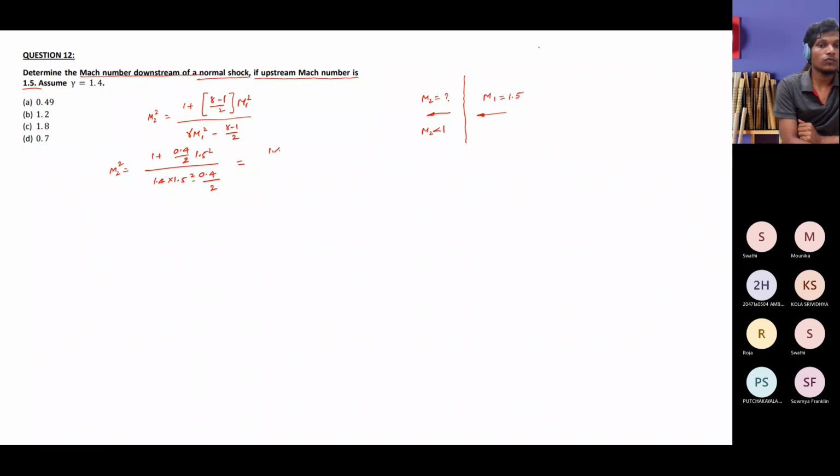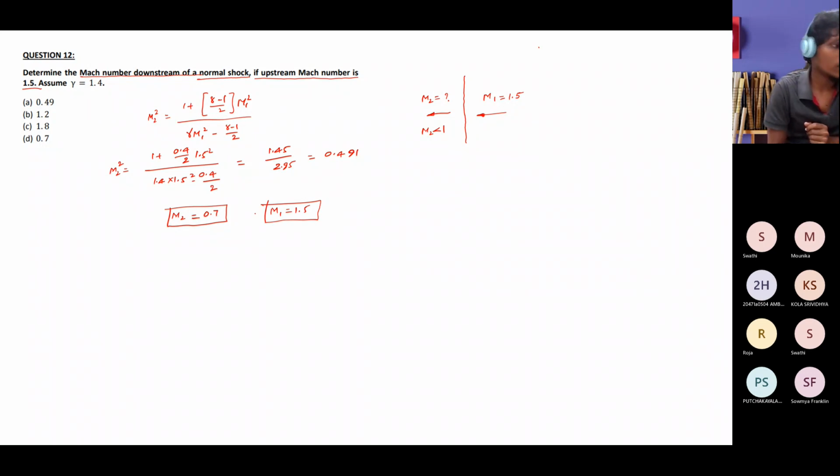After simplification, we get M2 square equals 0.49. This is M2 square. We need M2, the Mach number behind the shock wave. That is around 0.7. M2 equals 0.7, M1 equals 1.5.